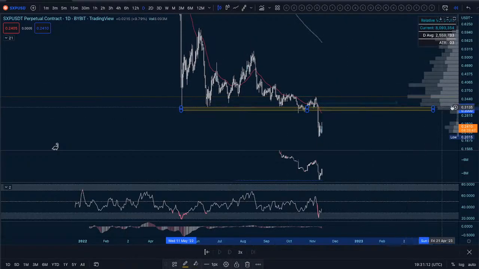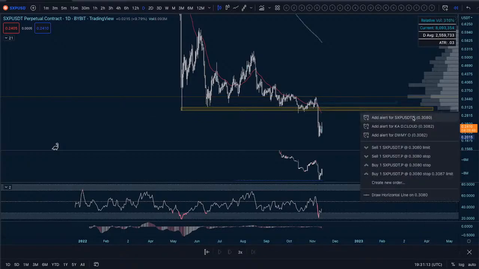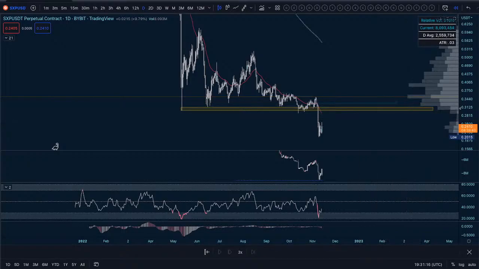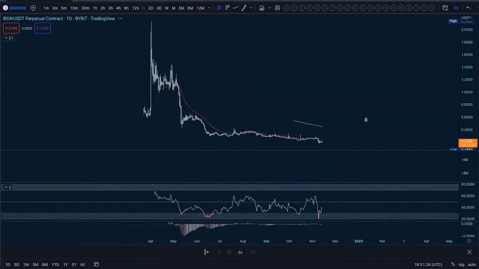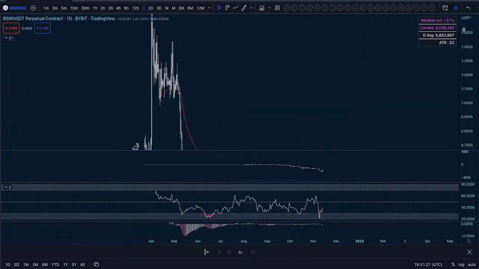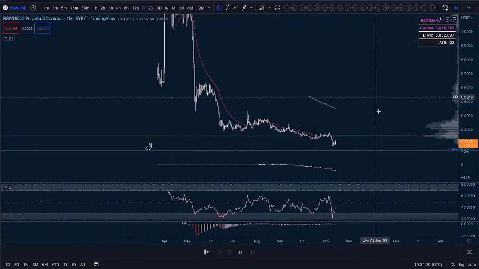Otherwise, not interested at all. Of course you can play the bounces, but why bother with this when some other stuff with better looking charts is popping off? I would much rather focus on those.